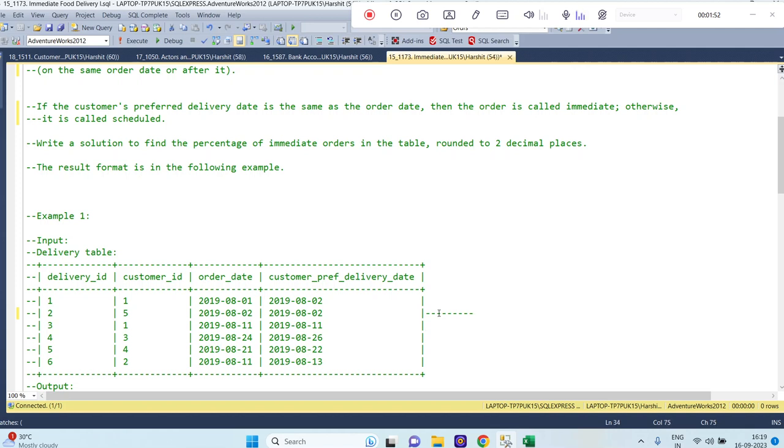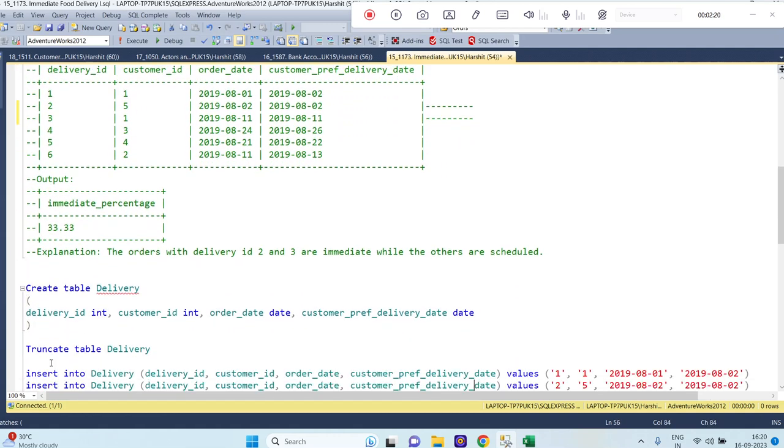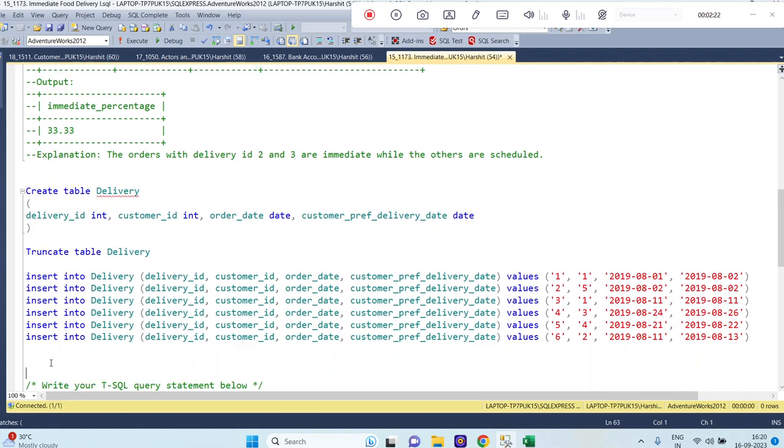Same for delivery ID 3, and for the rest of the delivery IDs, order date and customer preferred delivery date are not the same. So a total of two delivery IDs have the same order date and preferred delivery date, out of 1, 2, 3, 4, 5, 6, right?